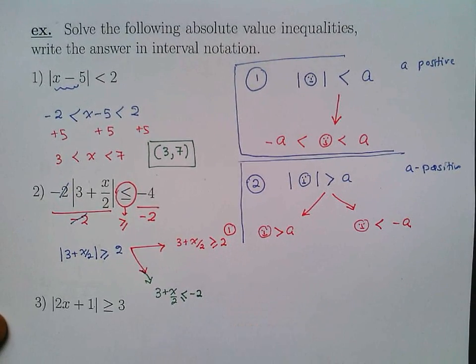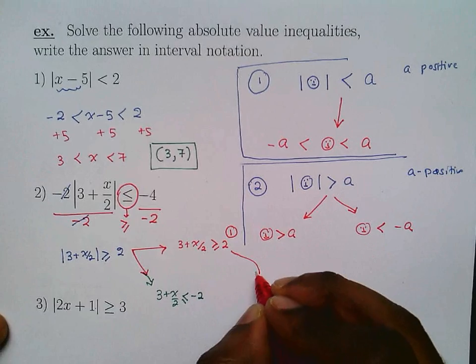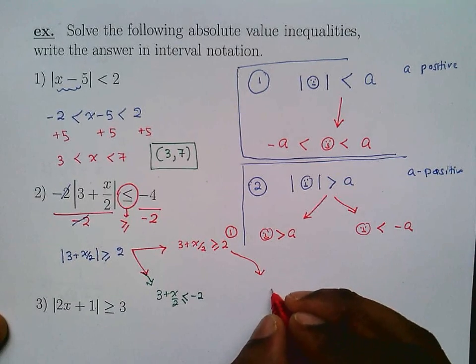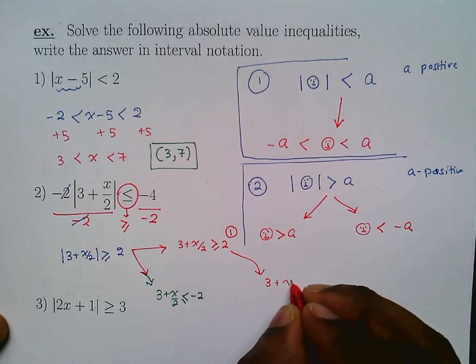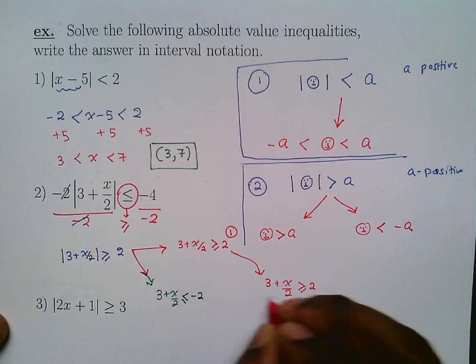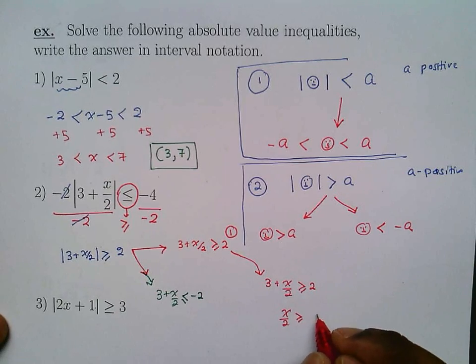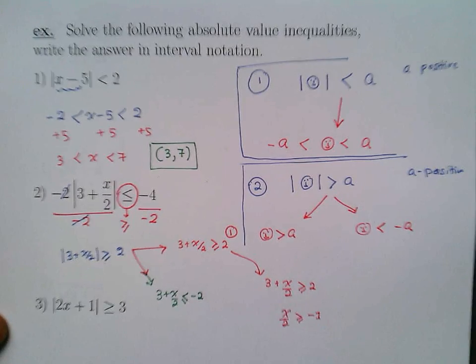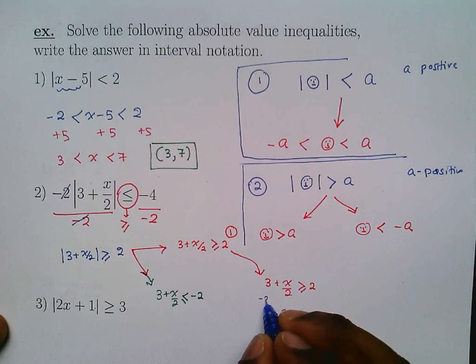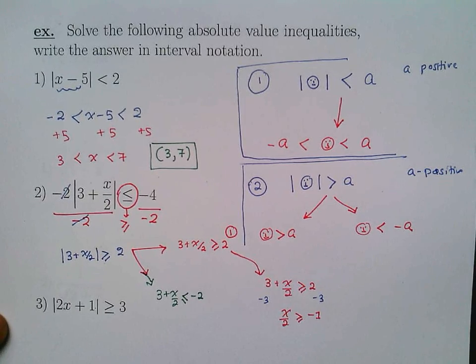Let's do 1 first. 3 plus x over 2 greater than or equal to 2. Subtract 3, you get x over 2 greater than or equal to negative 1. You subtract the 3 from both sides, and then multiply by 2, you get x is greater than or equal to negative 2. So in this you will get the interval negative 2 to infinity.